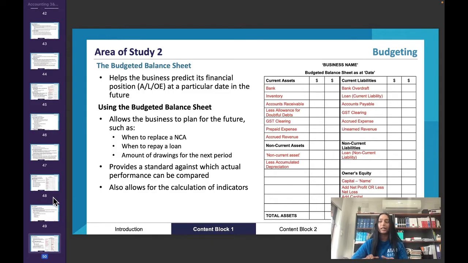It's never a period. And we can use information from the budgeted balance sheet to plan when to replace a non-current asset, when to repay a loan, and the amount of drawings for the next period. The budgeted balance sheet allows indicators to be calculated and provides a standard against which actual performance can be compared.